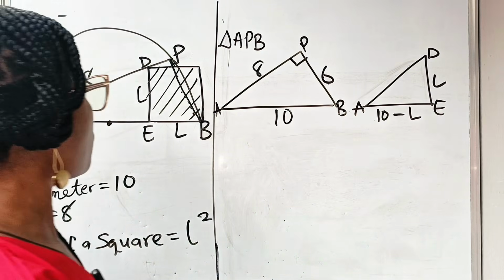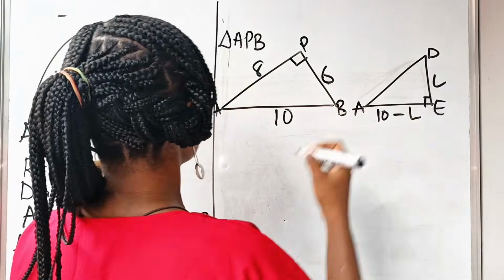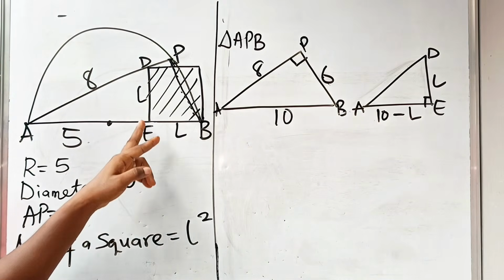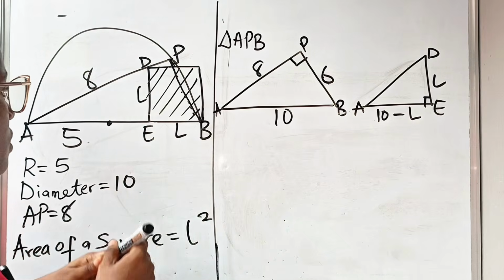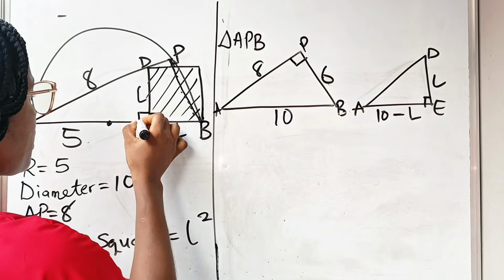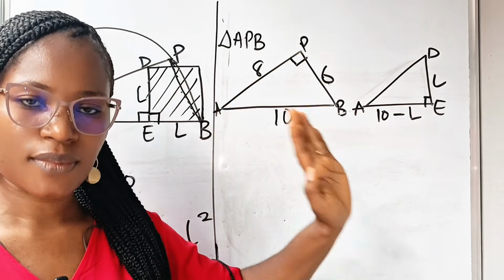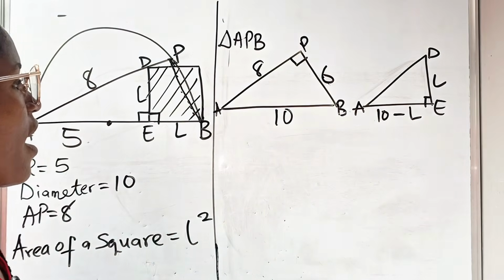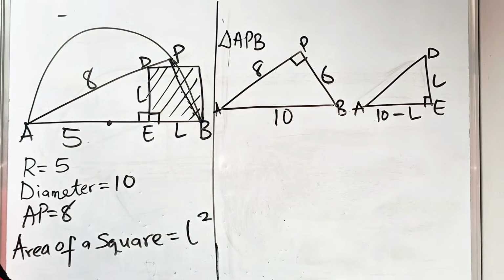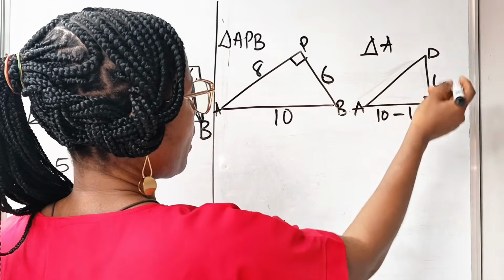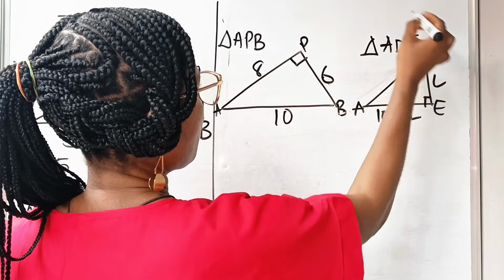Now, I want you to notice something. Angle E is 90 degrees, right? Because we are told that this is a square, so definitely this is 90 degrees. Therefore, E is also 90 degrees. Okay. Now, let us compare triangle APB and triangle ADE.